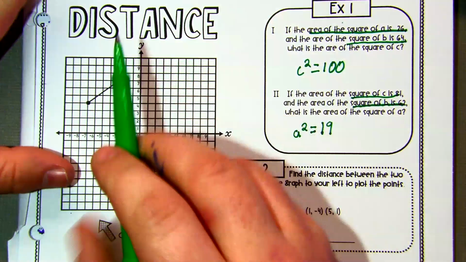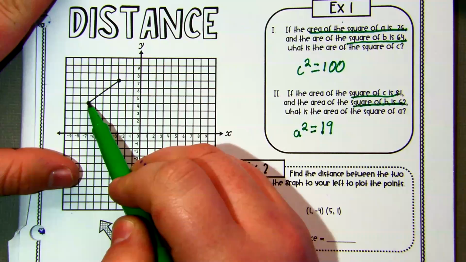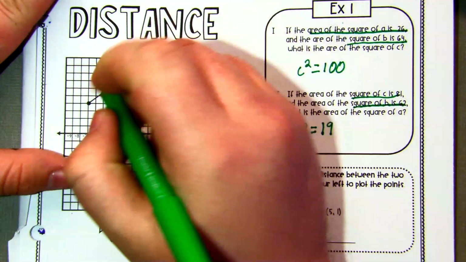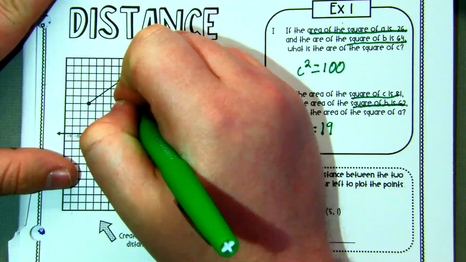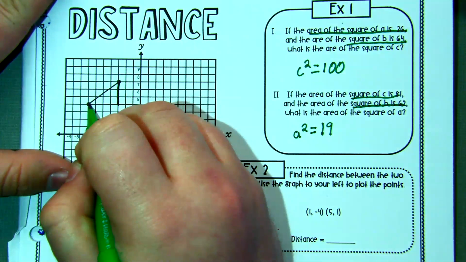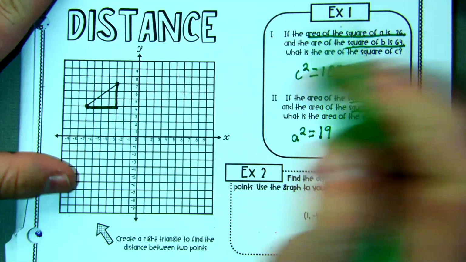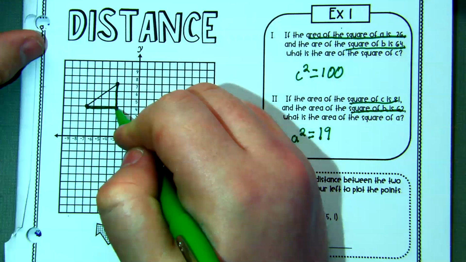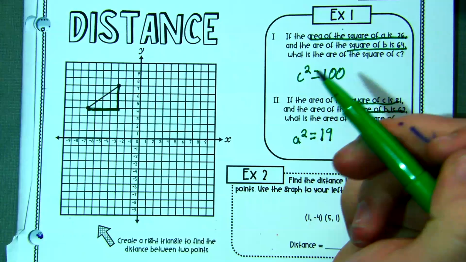So if we notice, we've got our 2 points and our segment right here. The first thing we want to do is create a right triangle just by drawing our lines down and across until they meet each other.